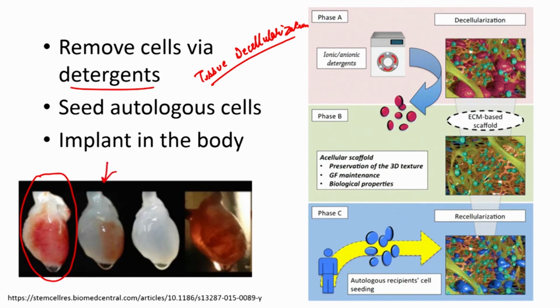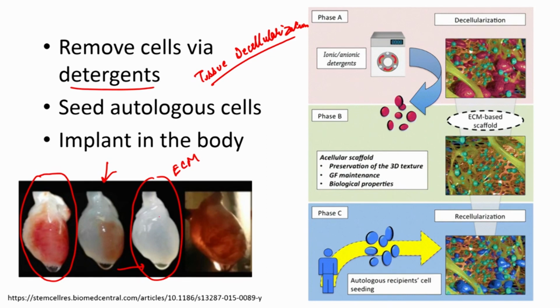You are now starting to see all the pigment is gone. All the blood and all these different cells that were present in this vicinity were gone, and eventually you get to a very clean organ that only contains the ECM structure, which is fairly conserved among different species and among different individuals.